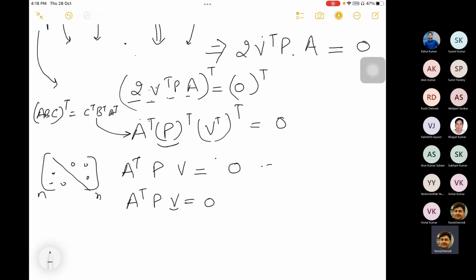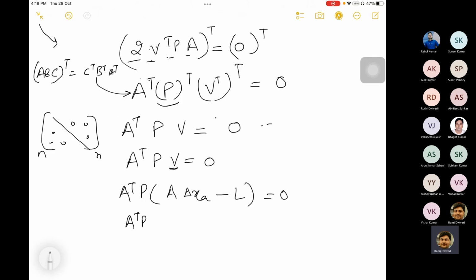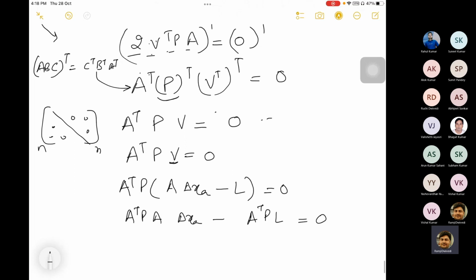Now what is V from your previous equation? V is A delta X minus L, so A transpose P (A delta X minus L) is equal to 0. Now A transpose P A delta X minus A transpose P L is equal to 0.